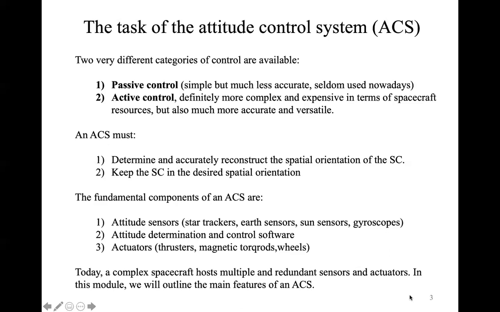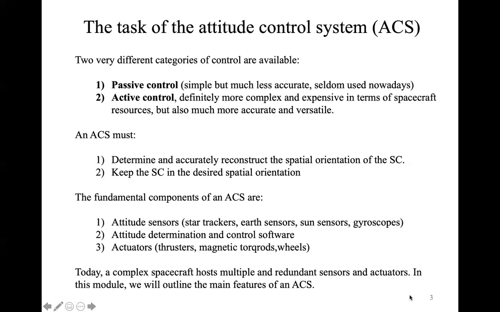We are going to focus especially on the active control, but to have a clear understanding of what we are going to do, in order to determine how to control a spacecraft, first of all, we need to determine the stability of the system.